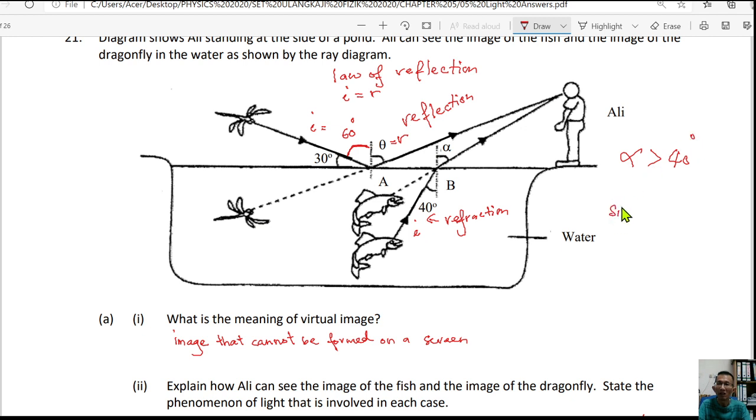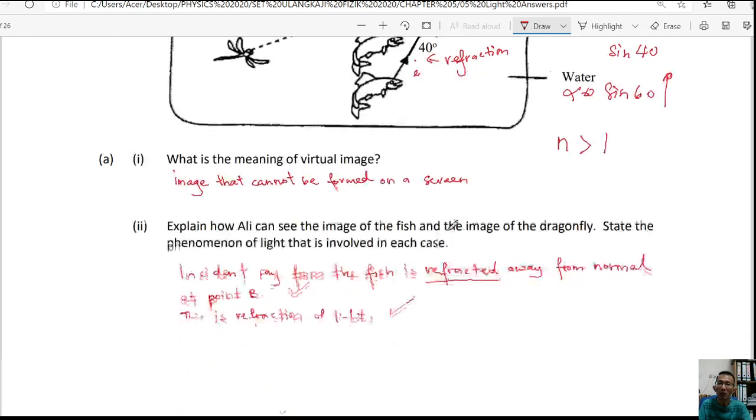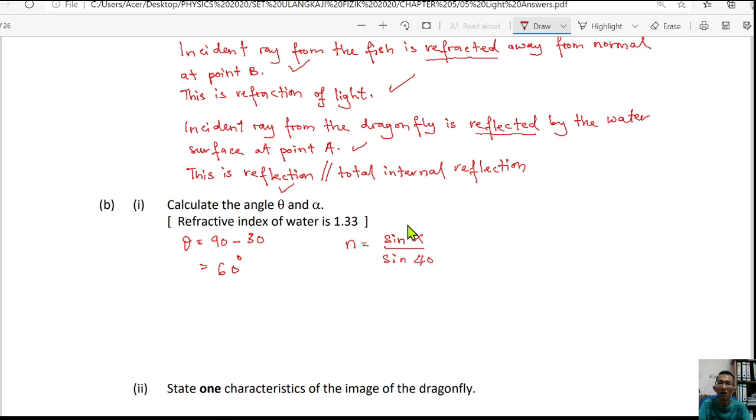If let's say I have sine 40 versus sine, let's say alpha is 60. You check these two values, you can see that sine 60 is greater than sine 40. And remember that our n must be greater than 1. So in my formula I have to write sine alpha divided by sine 40, so that my n is greater than 1.